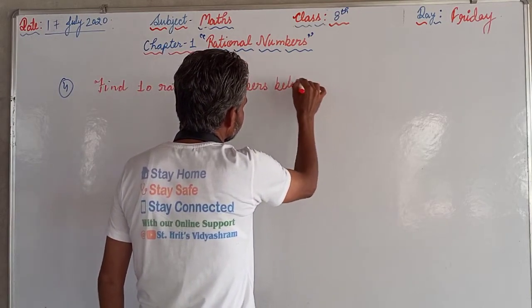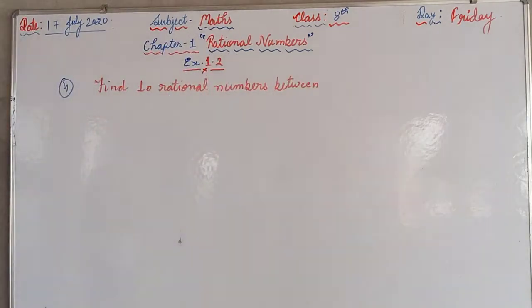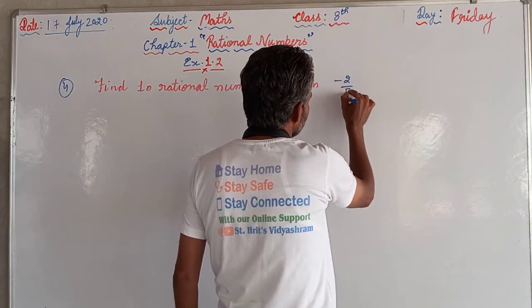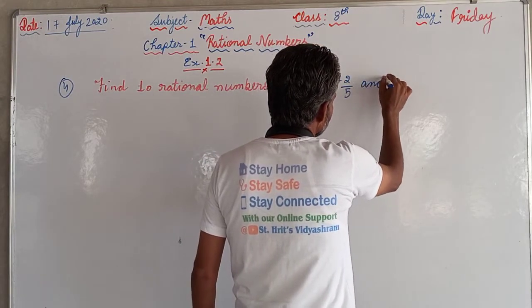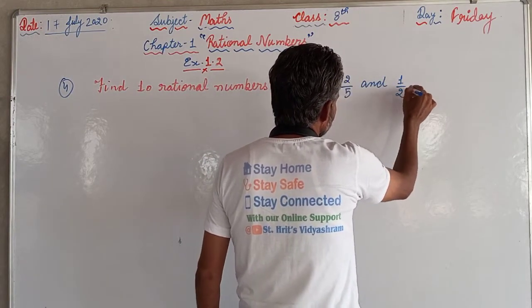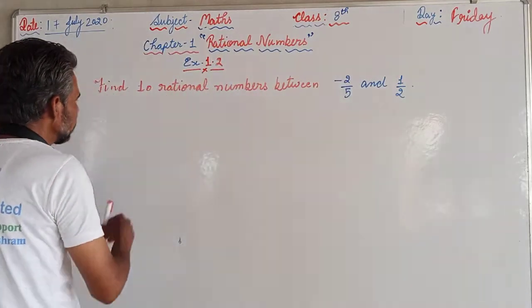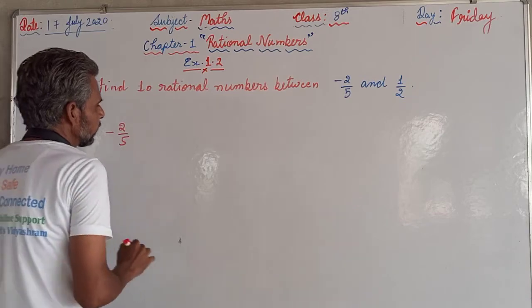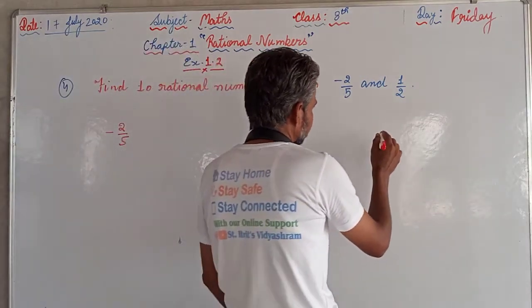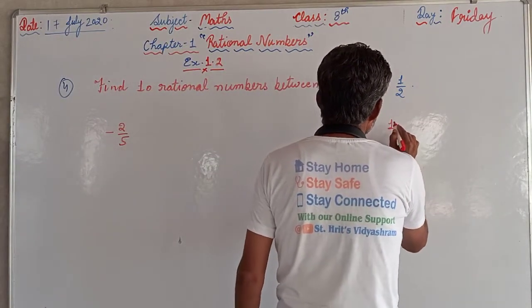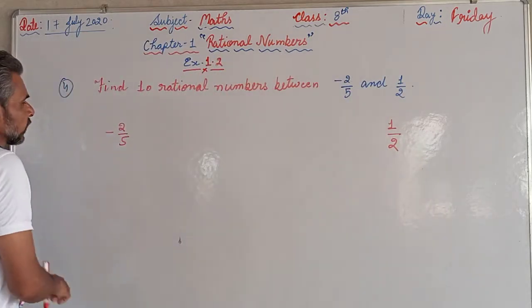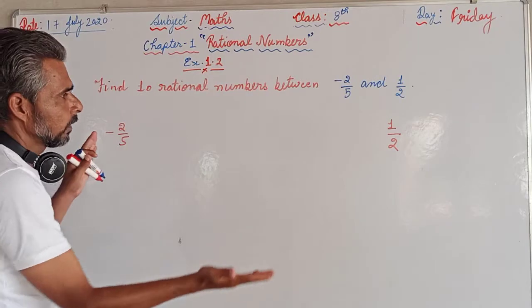What we will do? We will write -2 upon 5 here and we will write 1 upon 2 here.